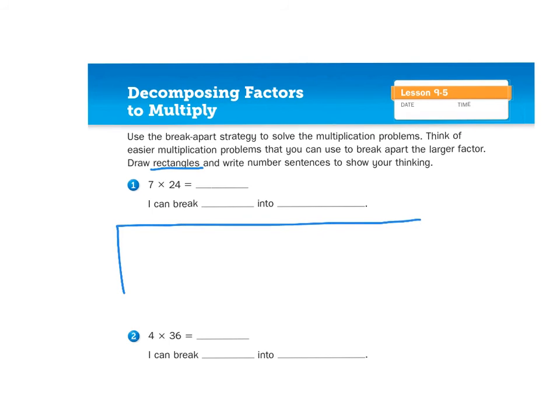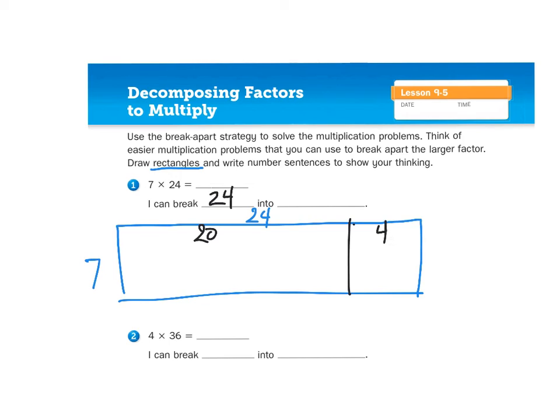So I'm going to draw my box first, my rectangle. I'm going to write 7, and I'm going to write 24. Which number do you think I need to split up here? I need to split up the 24. So I can break 24 into, let's go ahead and do 20 and 4. So I broke up 24 into 20 plus 4. And now I have easier problems.